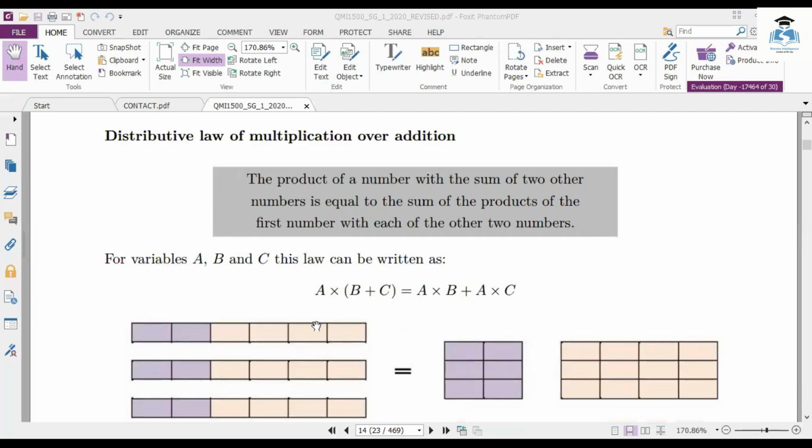So what we are simply doing here is A times (B plus C) is equal to A times B plus A times C. Remember what I said? You are just removing the brackets.